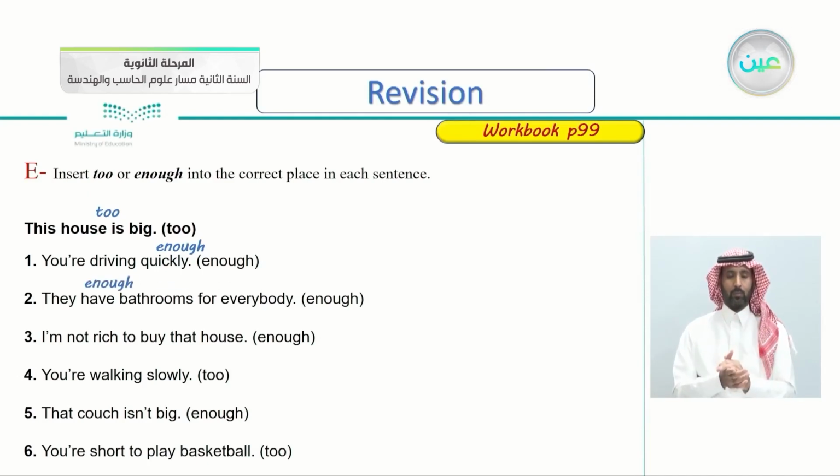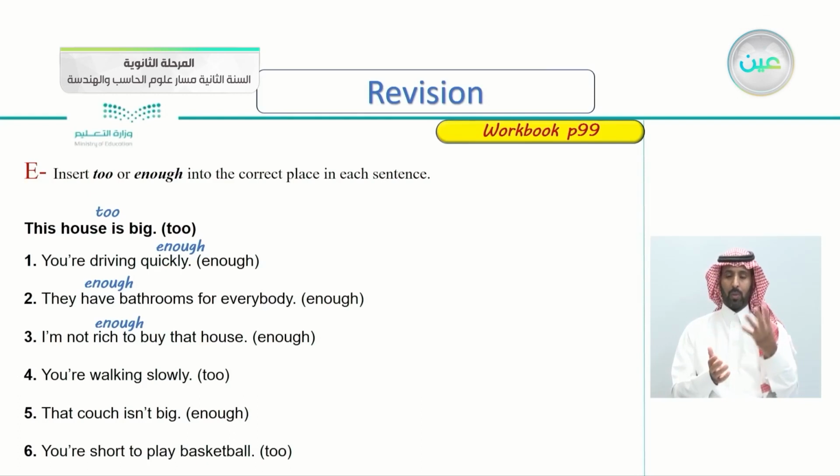Yes, they have enough bathrooms for everybody. Number 3, I'm not rich to buy that house, and also the word enough. Yes, very good. I'm not rich enough to buy that house. I don't have enough money.